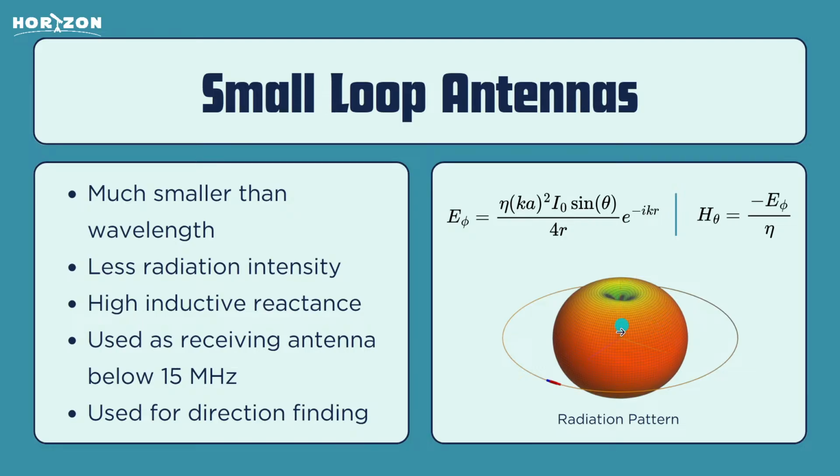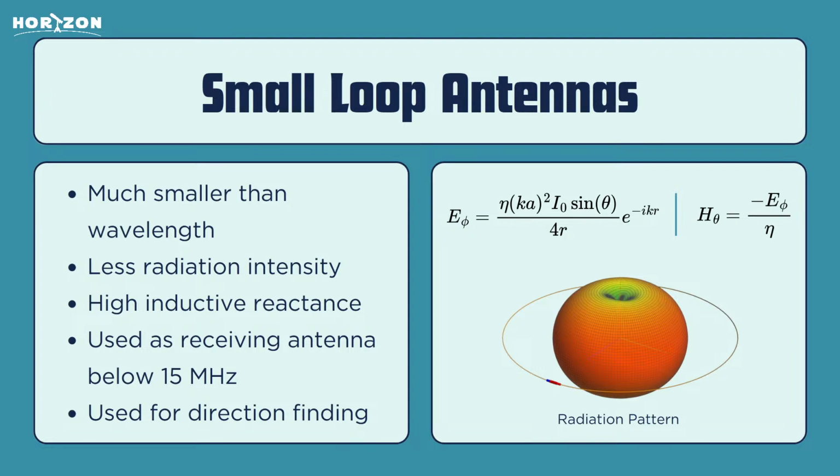So you have two ends of the radiation pattern where the radiation intensity is 0, and these two directions are perpendicular to the plane of the loop.